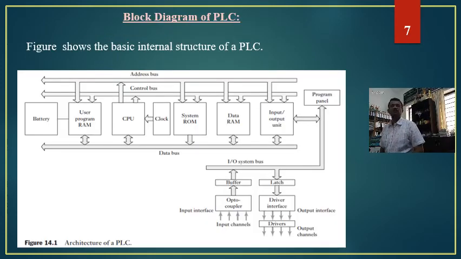Now coming to the last part of this lecture, the block diagram of a PLC. This figure shows the internal structure of a PLC, wherein we can see all the components required for a processing unit to do processing.